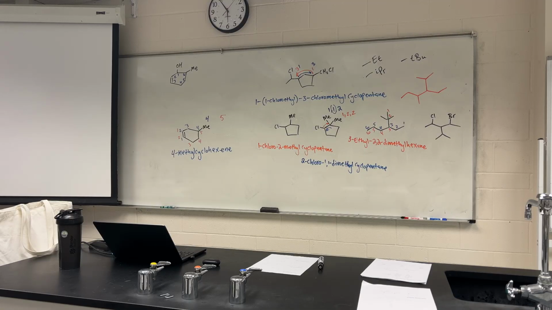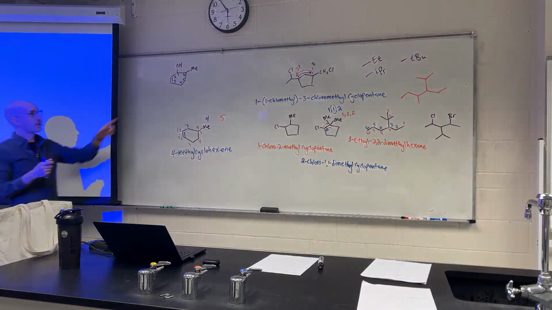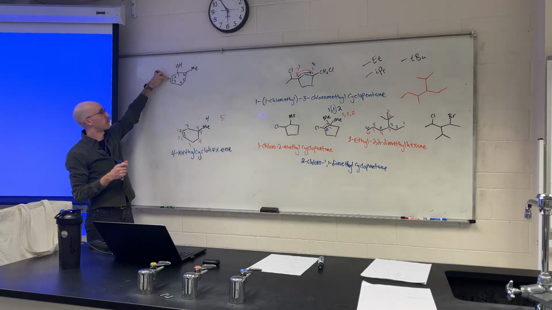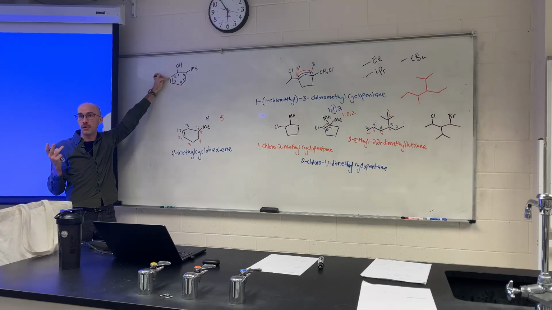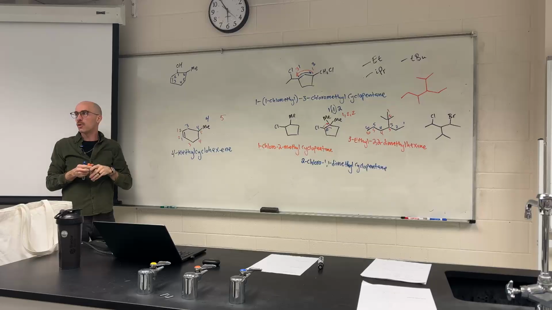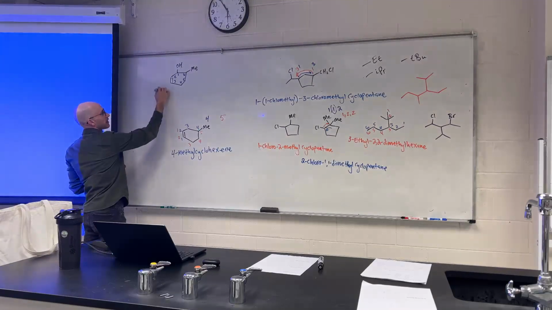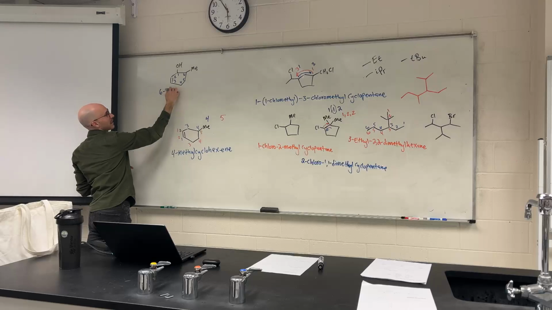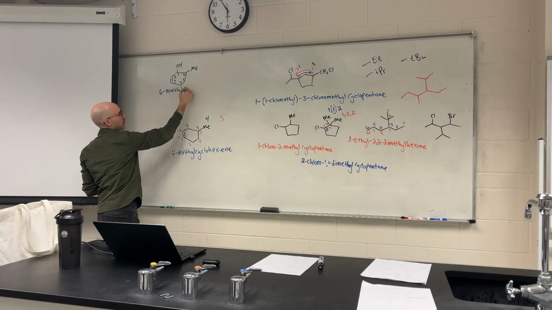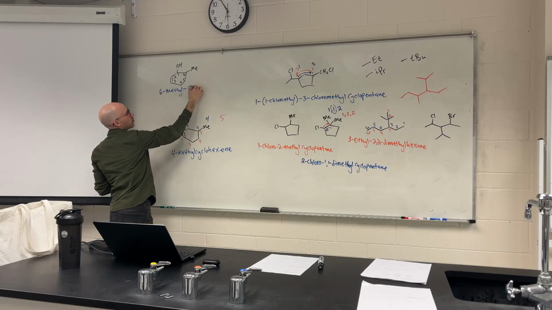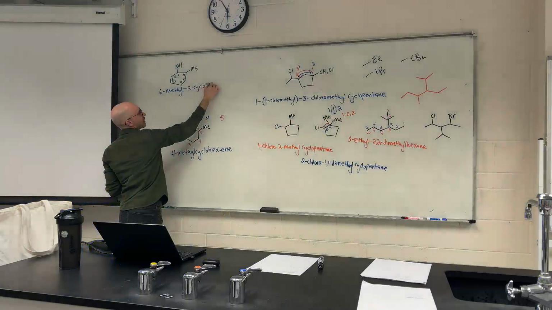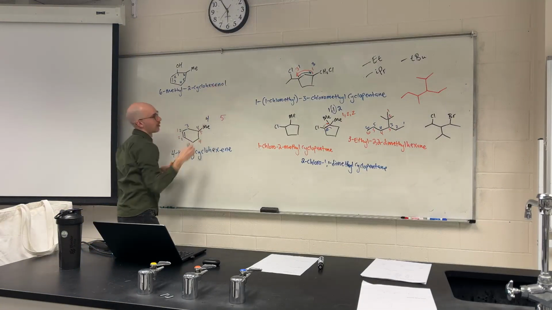Could I have gotten a lower total locant set? Yes, absolutely. I could have gotten 1, 2, 3 to describe my three components, but that doesn't follow our rules of priority: the lowest locant set for the alcohol, then the alkene. And the name for this compound becomes 6-methyl-2-cyclohexenol.